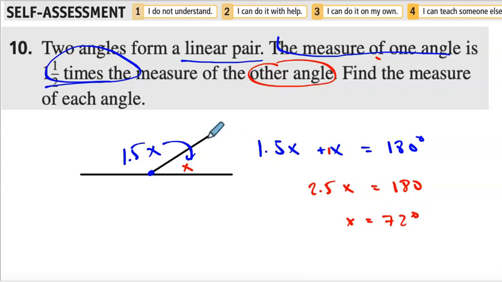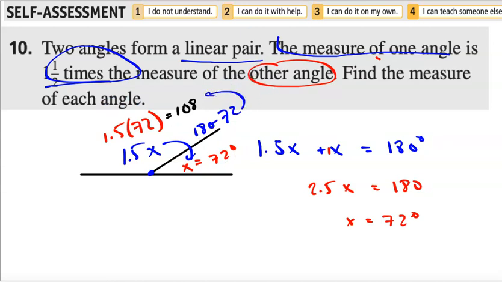And in this case, x is my angle here, so it is 72 degrees. And then the other one's just going to be 1.5 times 72, which is 108. Or you could have done, since this one's 72, then this angle here has to be 180 minus 72, which again is 108.